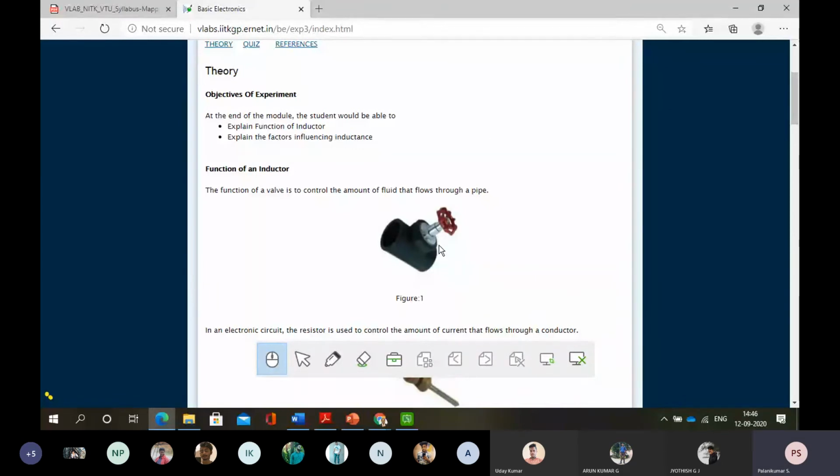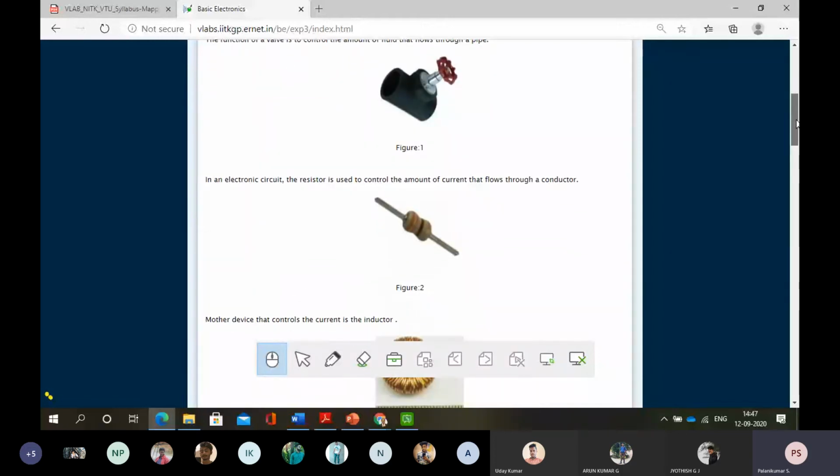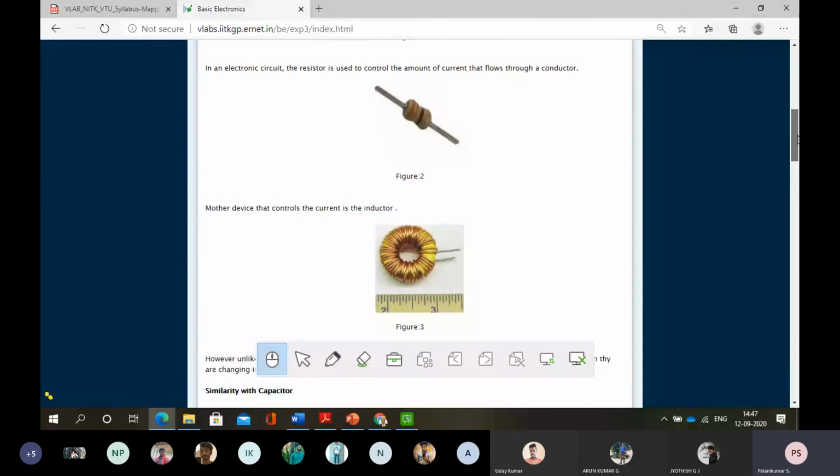That means even if you switch off the pump, because of the energy stored in the water wheel's motion, it will continue rotating. That will facilitate the flow of water in the PVC pipe. In the same way, an inductor can also facilitate, through the EMF, continuously glowing the bulb or load connected to it. That is the only difference.